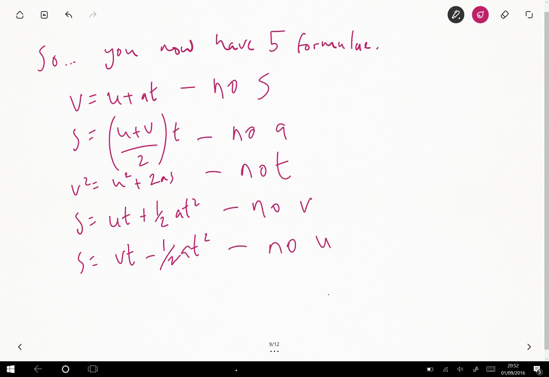Why is that important? Because in each of the equations you will have a piece of information that is missing. In each situation you will have 3 known variables, and a 4th that you'll have to find out, and a 5th that you won't care about. So let's just make this look like an s, not a 5.